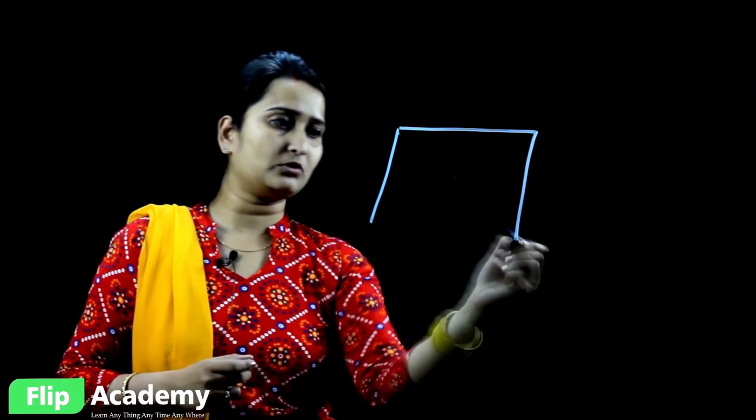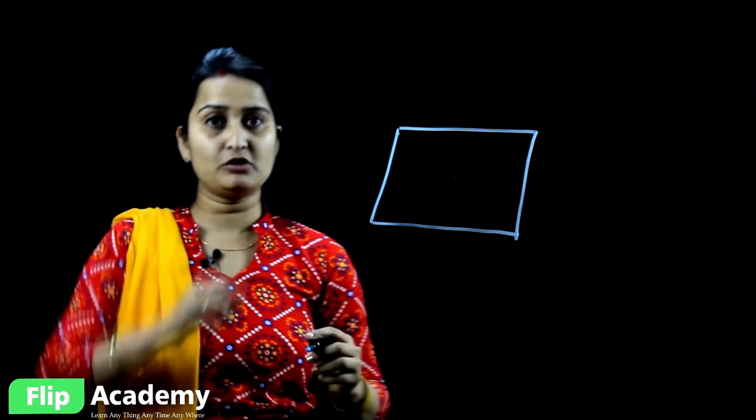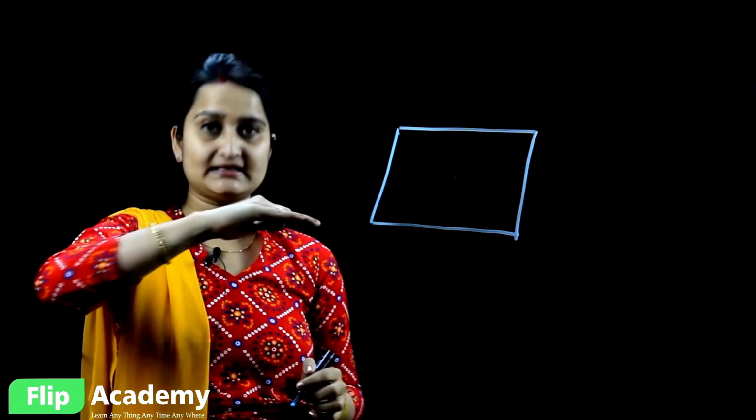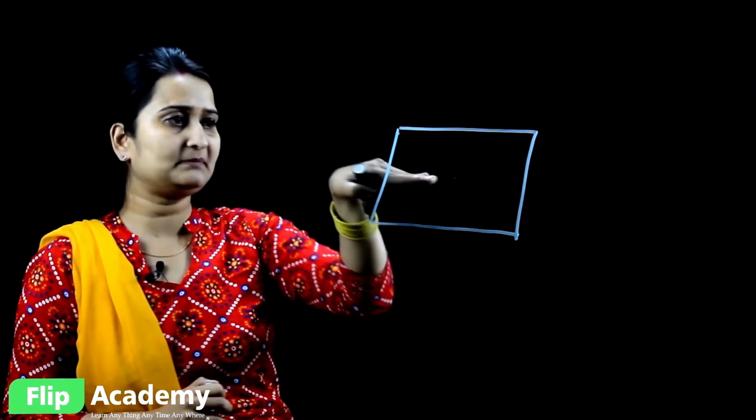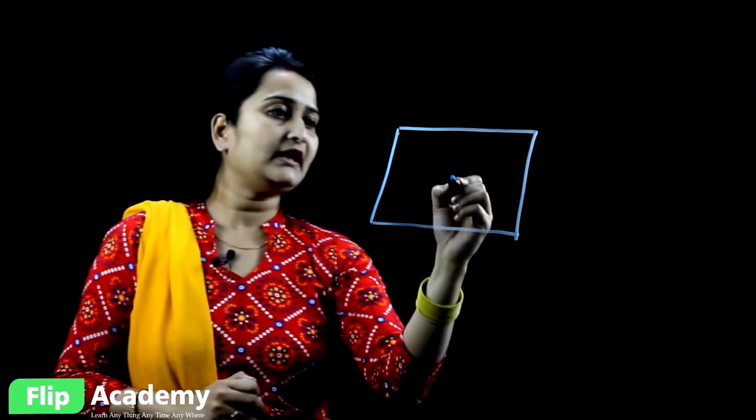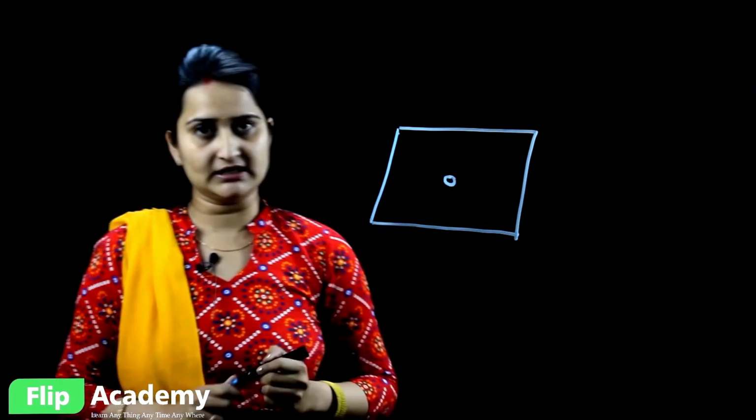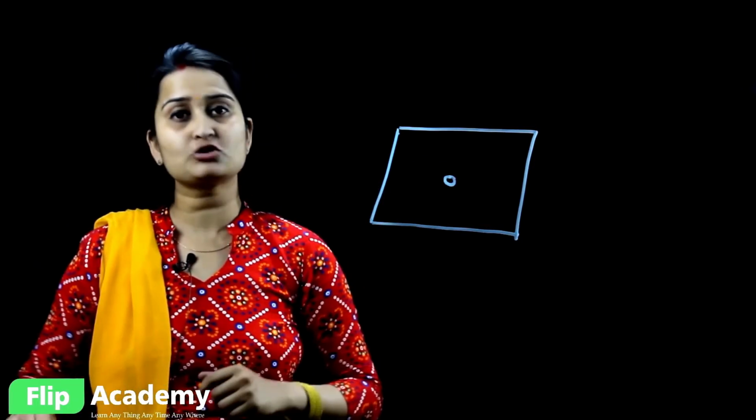First, let's draw a cardboard. This is the cardboard, which is placed in a horizontal plane, like this. There is a hole in the middle through which the copper wire is going to pass.